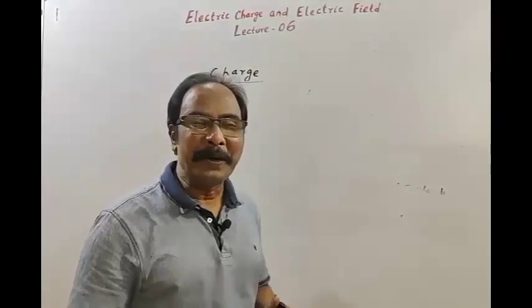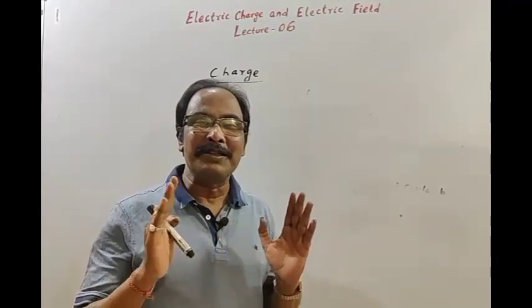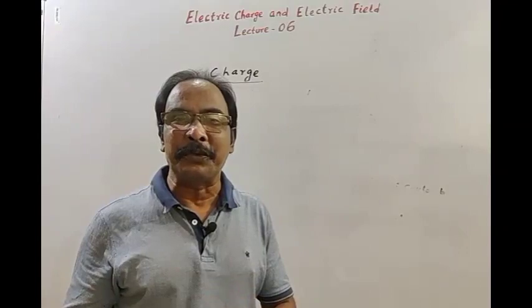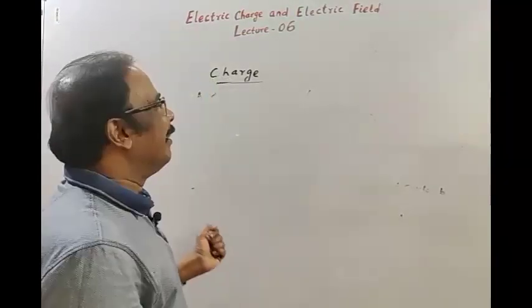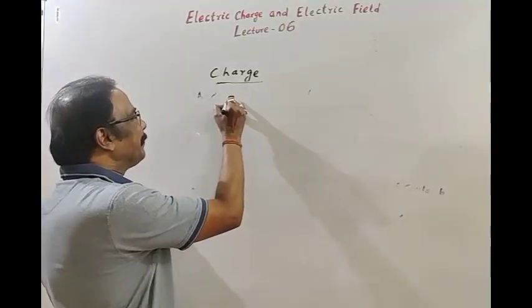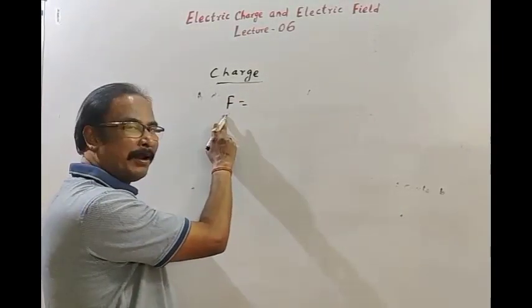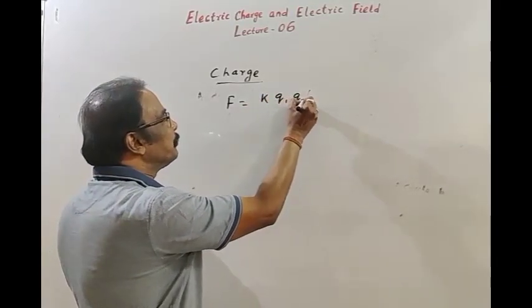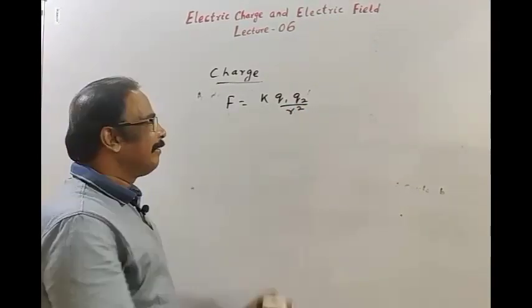Our first aim is to get 1 Coulomb. In SI, the unit of charge is 1 Coulomb, and in CGS ESU, the unit of charge is 1 stat Coulomb. Okay. As we know, according to Coulomb's law, the magnitude of force of attraction or repulsion between 2 point charges is given as K Q1 Q2 by R square.